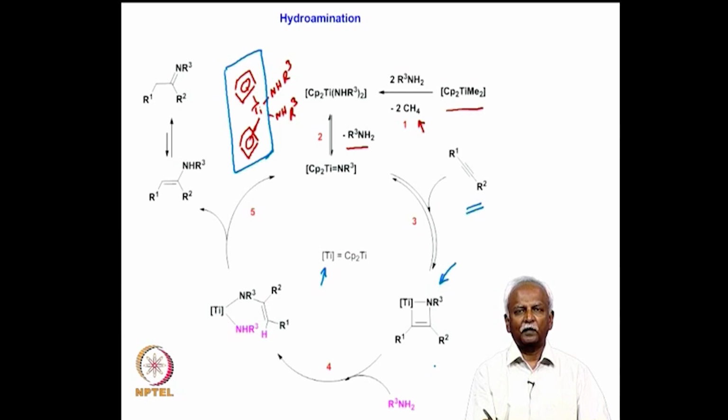Now, we have both a nitrogen and a titanium on the cyclobutene metallocycle. So, if you form this cyclobutene, it can now ring open in a slightly different fashion, and that is exactly what we are going to do.